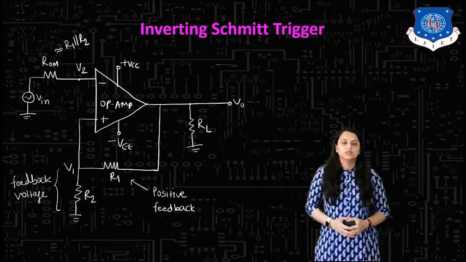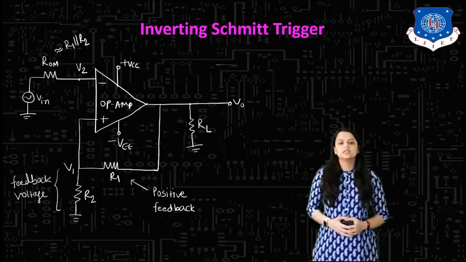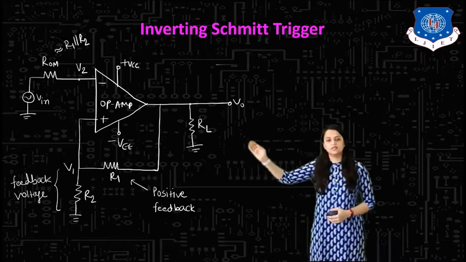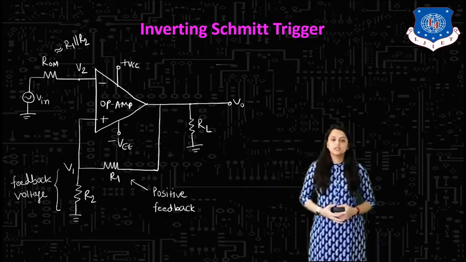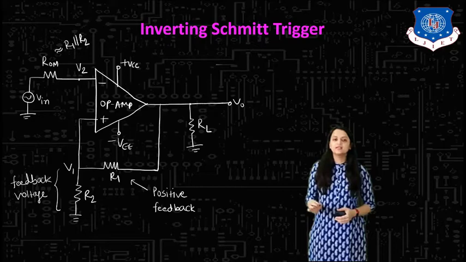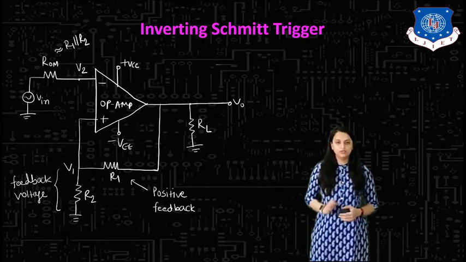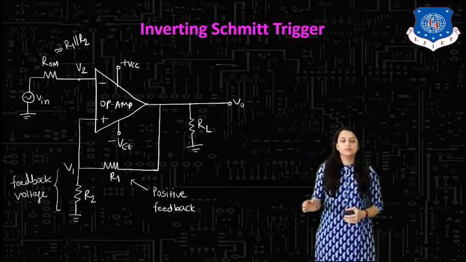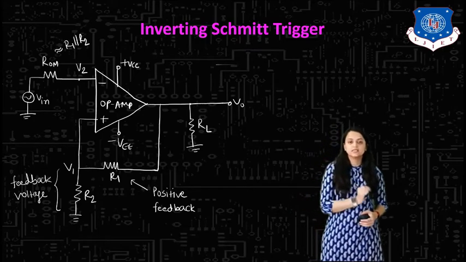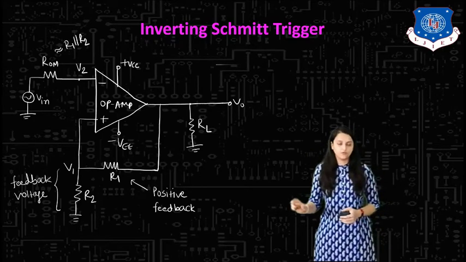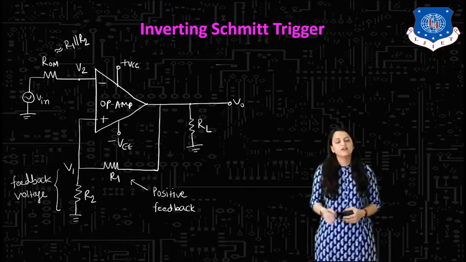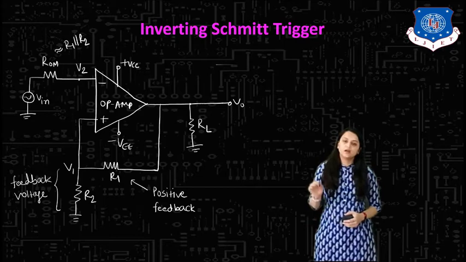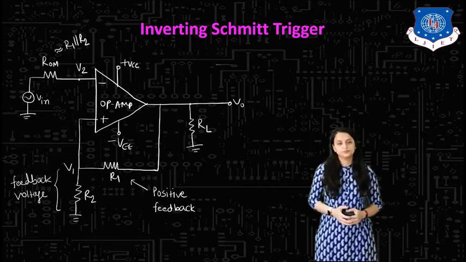Now let us see the first type, that is the inverting Schmitt trigger. Here in the circuit diagram, the inverting Schmitt trigger is indicated. As it is an inverting Schmitt trigger, the input is given to the inverting terminal of the op amp. Here ROM, that is the offset minimizing resistance, is used to minimize the offset value, which will have a value almost equal to R1 parallel with R2.